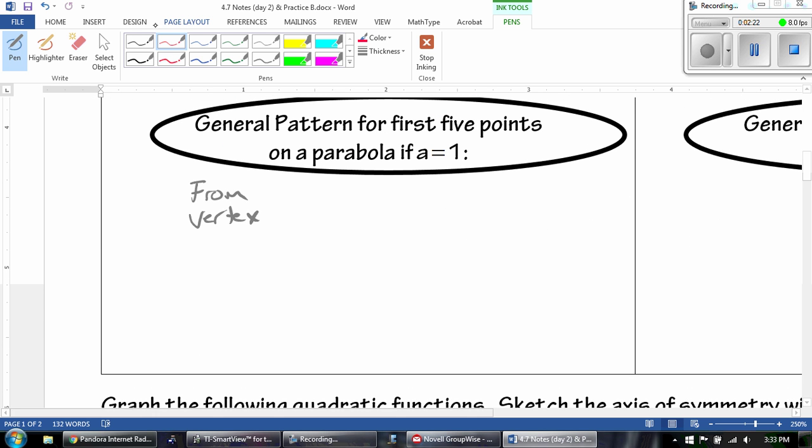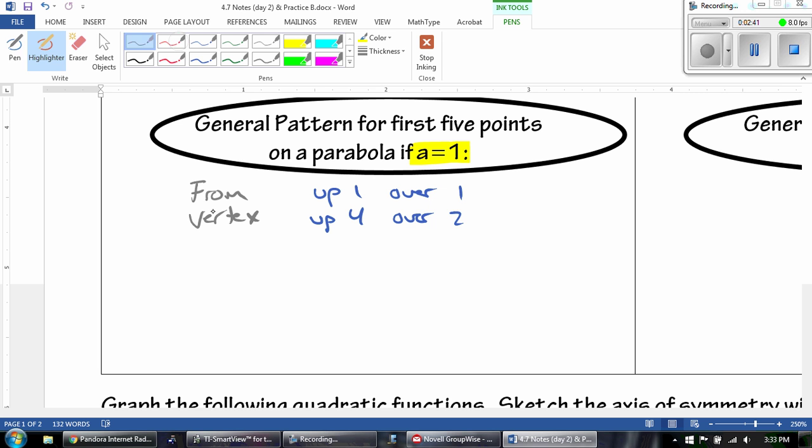Okay, so from the vertex, when it is positive, I'm going to write this in blue because blue is positive, we went up 1 over 1, up 4 over 2. Okay, so that's if a is 1.